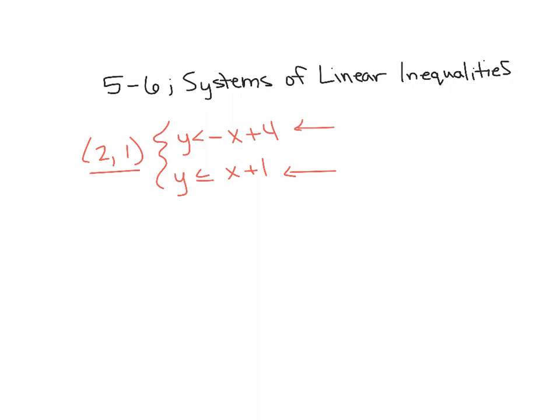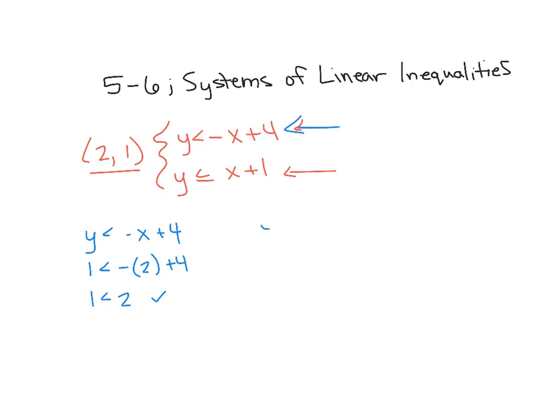So let's look at this (2, 1), and in for y, we're going to look at this first inequality right here and write that out. In for y, we're going to put 1 is less than negative 2 plus 4, and we get 1 is less than 2, and that checks out because 1 is less than 2.